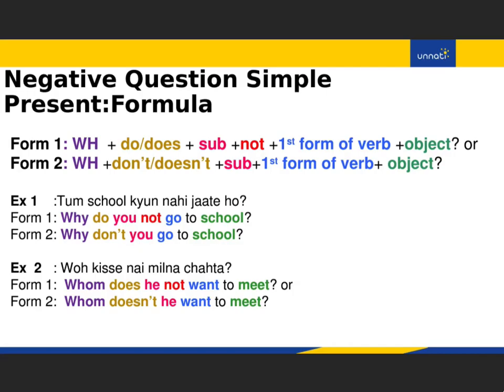And the second way to go about it is WH word plus do or does not, plus subject, plus first form of verb, plus object.